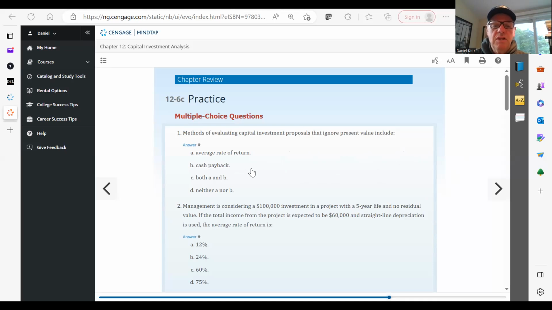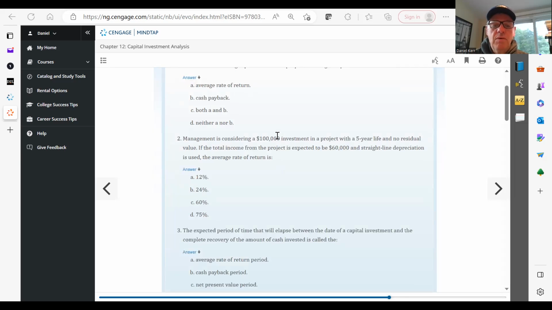So the correct answer there would be C, both A and B. The ones that do consider the present value would be the internal rate of return, which we'll see a little bit later on, and the net present value method. So the answer is C, both A and B.